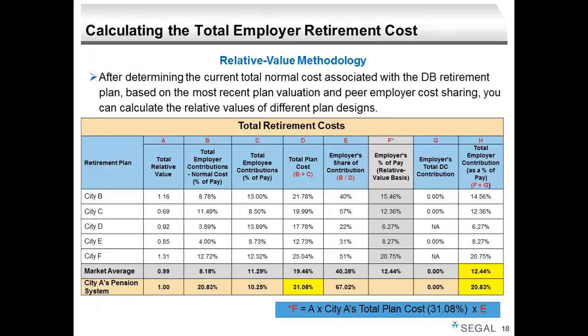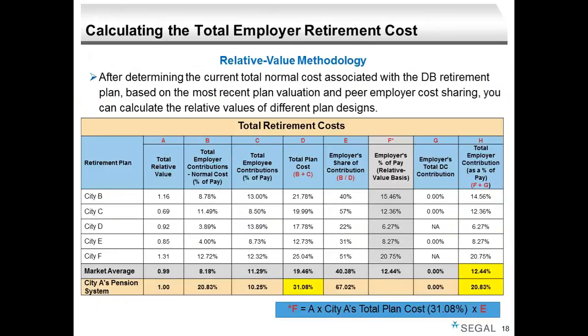Column B is the employer normal cost as a percent of pay. Column C are the total employee contributions as a percent of pay. And column D is obviously the total plan costs, B and C. And we have those there because we want to calculate what the employer's share is on a percentage basis of the total cost. So column E takes the total employer contributions and divides it by the total plan cost.